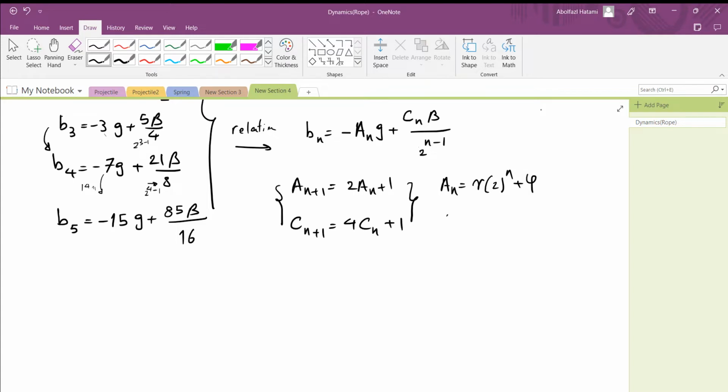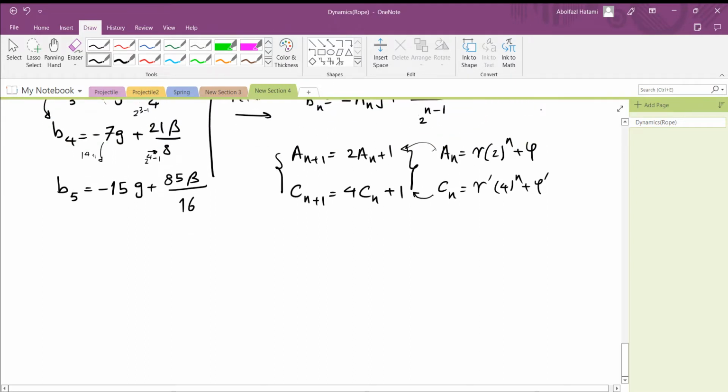And here cn is something like gamma prime times 4 to the power of n plus, for example, phi prime. And we can substitute these into the equations to find the constants gamma and phi.